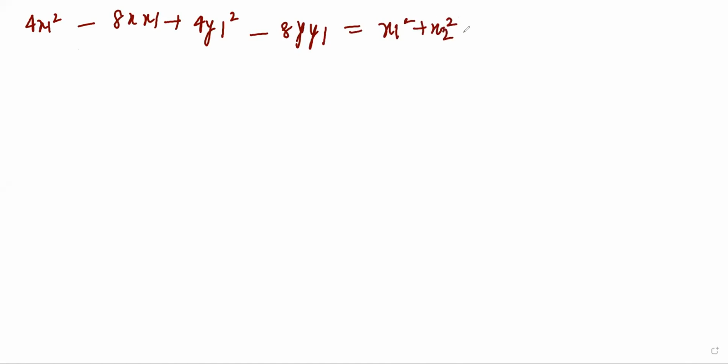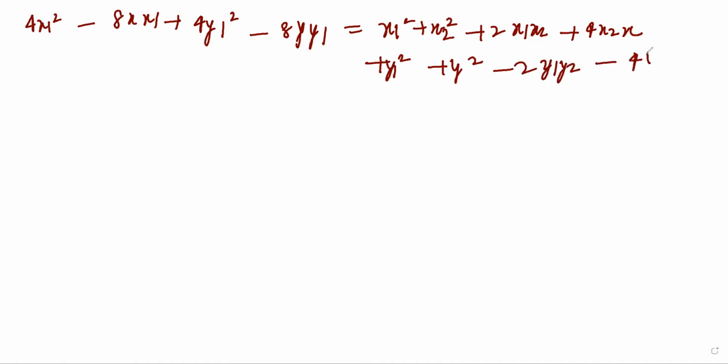So our last step is 4x1 square minus 8xx1 plus 4y1 square minus 8y1 is equal to x1 square plus x2 square plus 2x1 x2 plus 4x2 x plus y1 square plus y2 square minus 2y1 y2 minus 4y2y minus 4y1, and here it is 1, that is minus 4x1x is there.